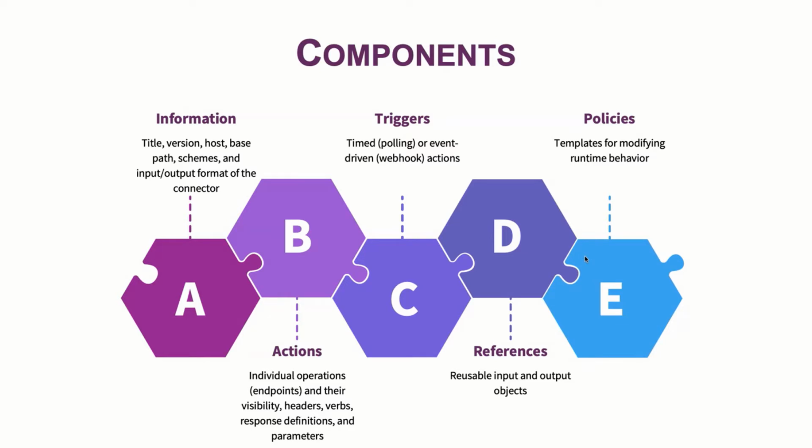But they're really cool because you could do timed polling events where it goes out and checks on a regular basis, or you've got these webhook driven actions where if something happens, say the example that's in the documentation is a GitHub repo and someone checks something in or puts in a pull request and then that runs a flow. And so those are capabilities native to the platform on the advanced side.